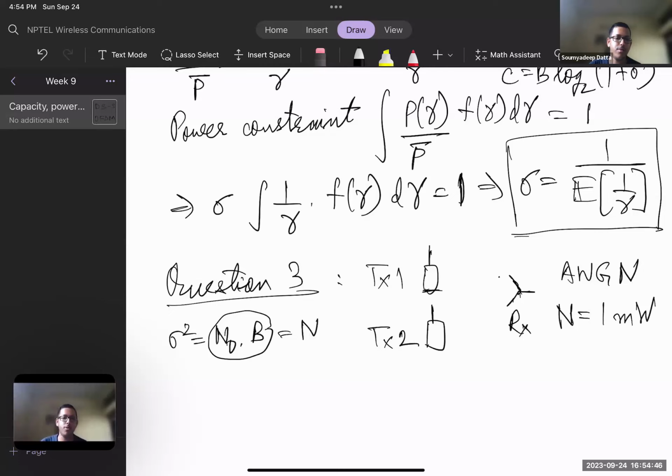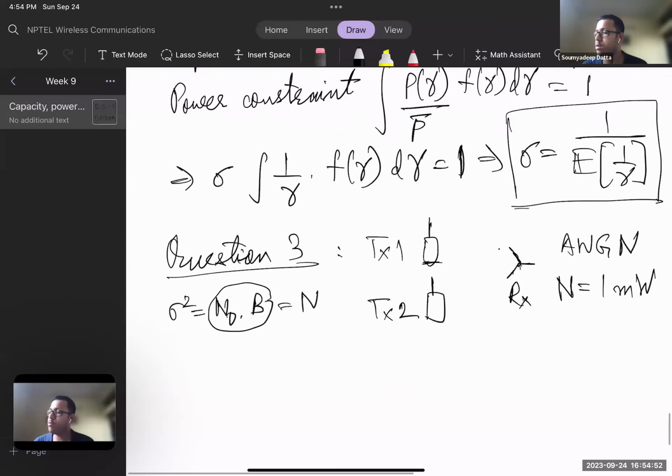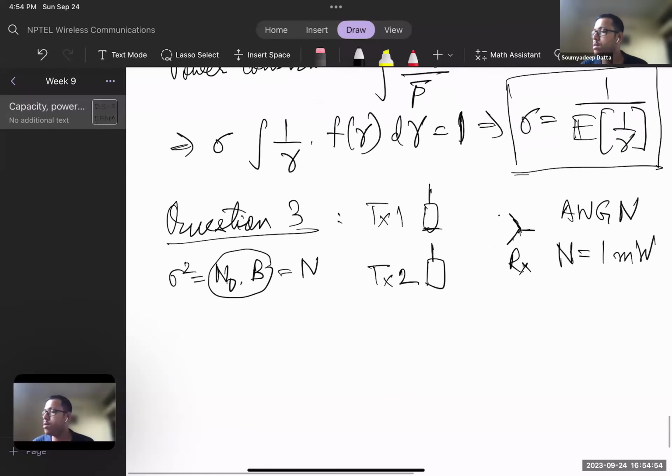You have 1 milliwatt noise in the system. At the receiver you are receiving signals of both user 1 and user 2.